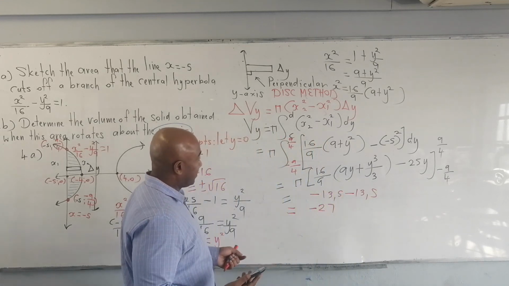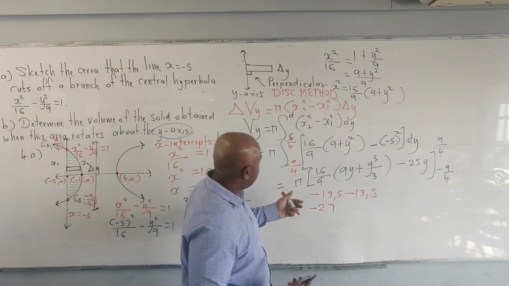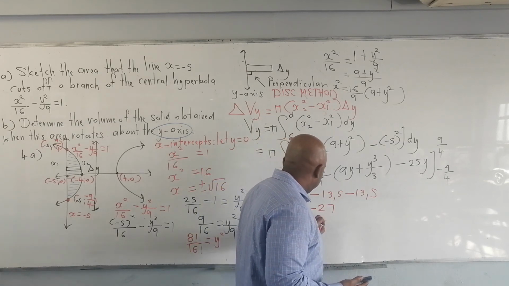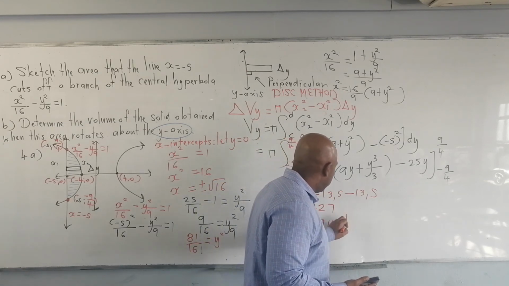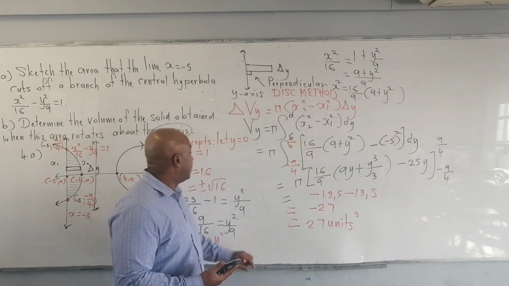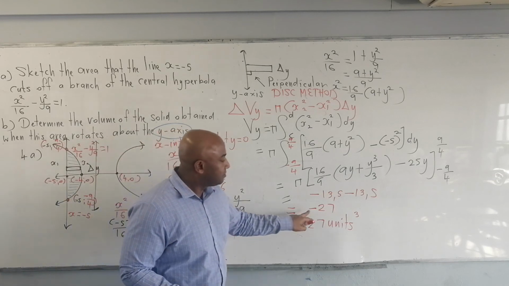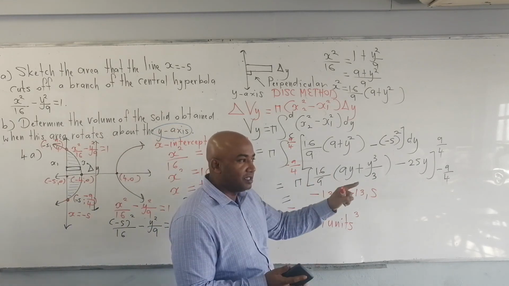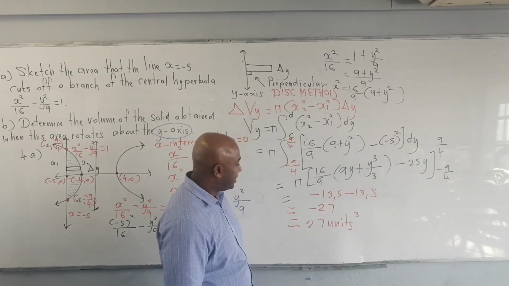But basically, the answer here is 27 units to the power 3, and it's lying on the negative side, but the negative just indicates that we took right minus left instead of left minus right.